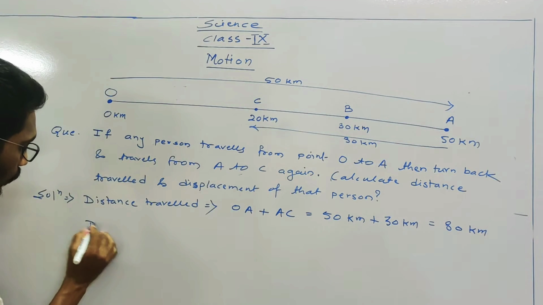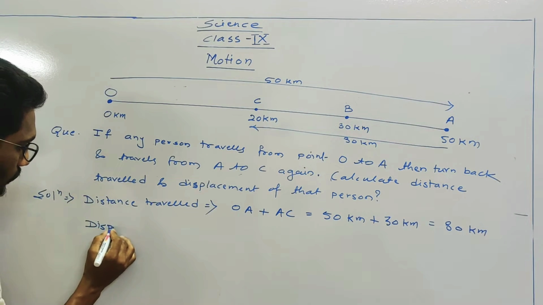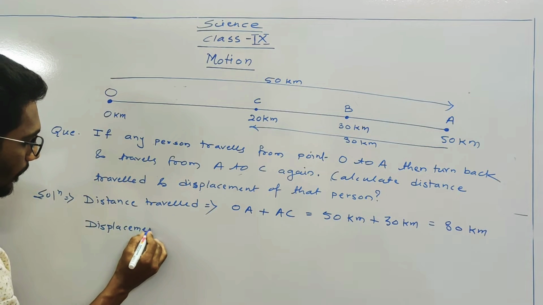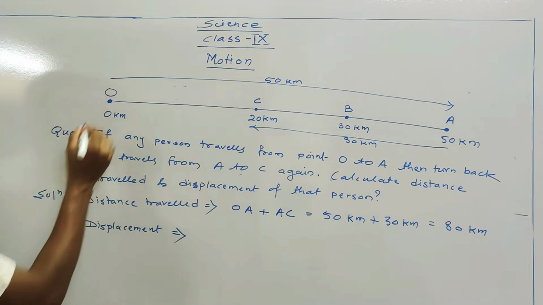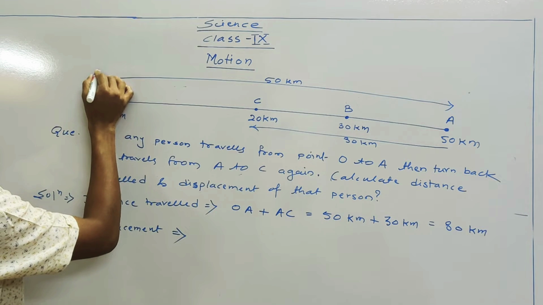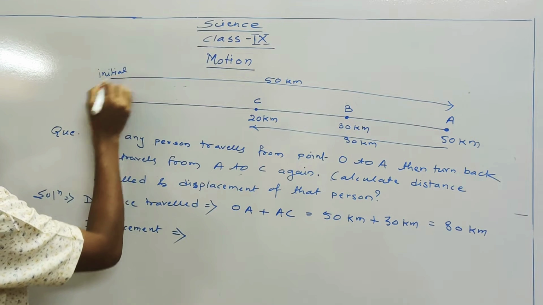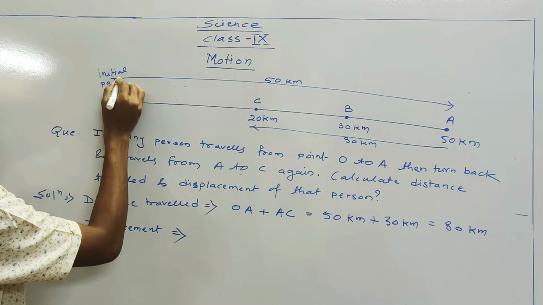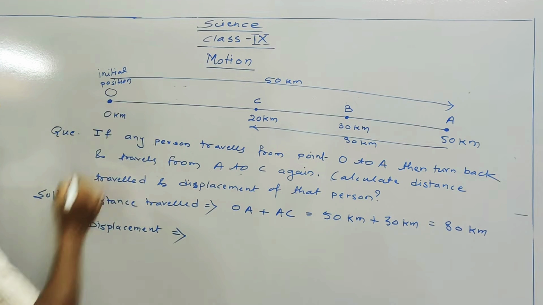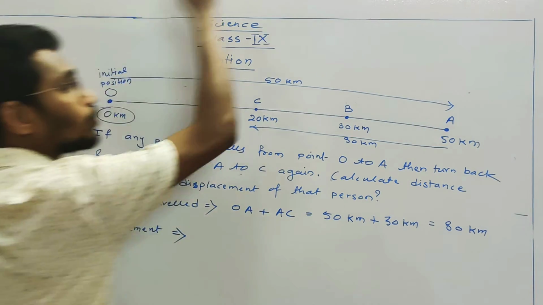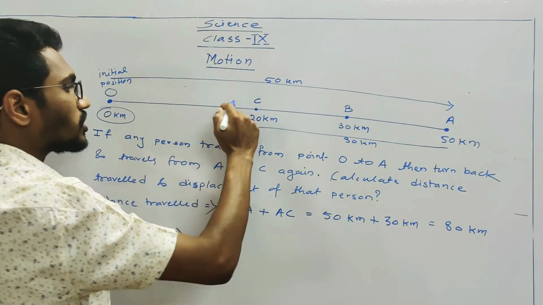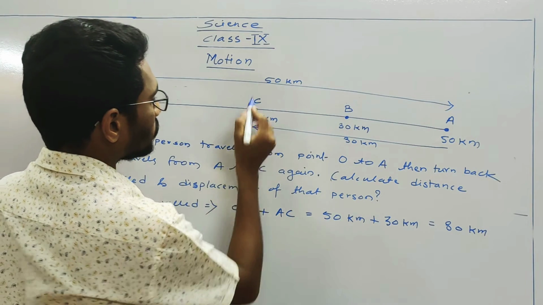Now I am talking about displacement. What is the initial position? Initial position is O, कितना 0 kilometer. O to A, A to C. What will be the final position?